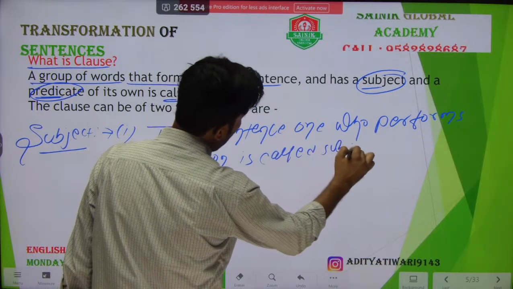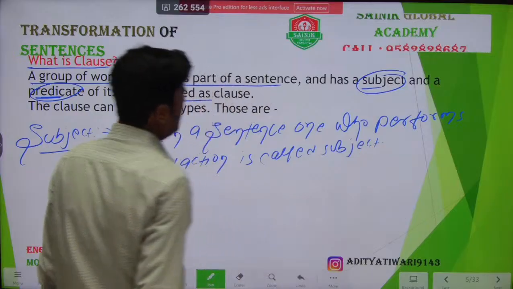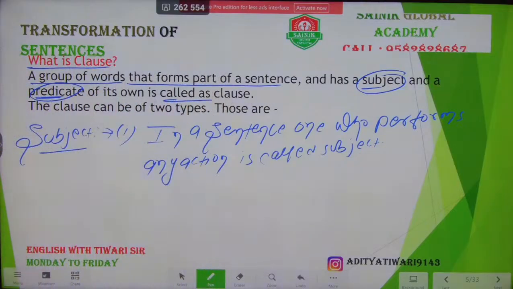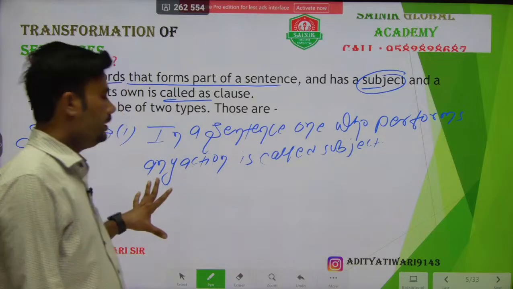See beta, those who are new here, please understand subject and predicate, then you will understand clause. What I said, in a sentence one who performs any action is called subject.